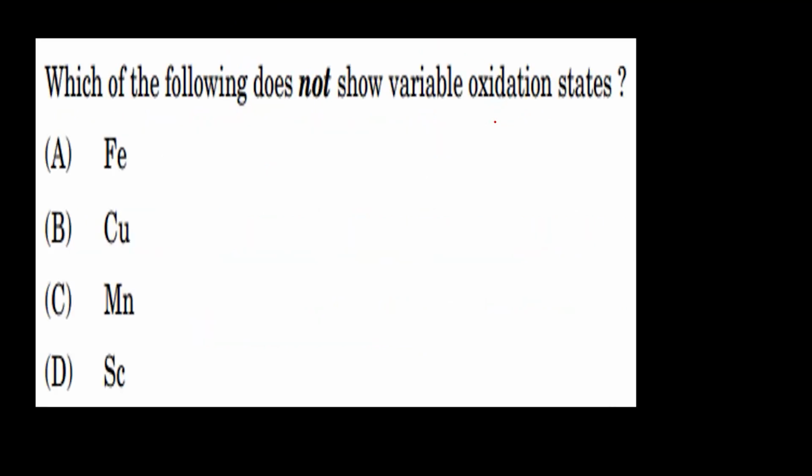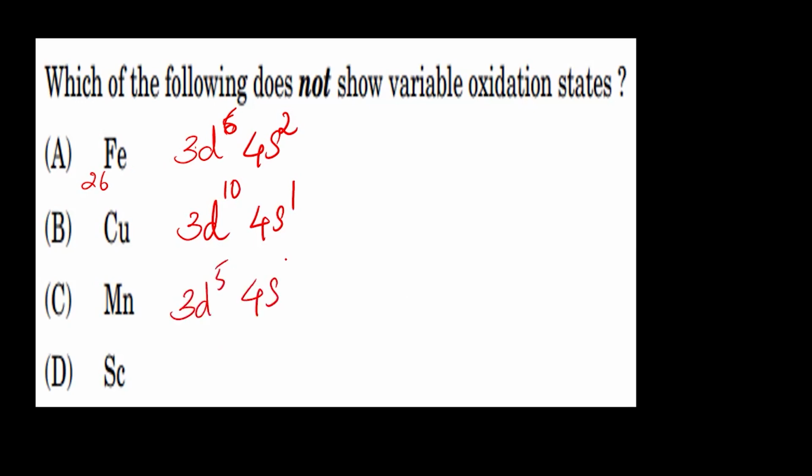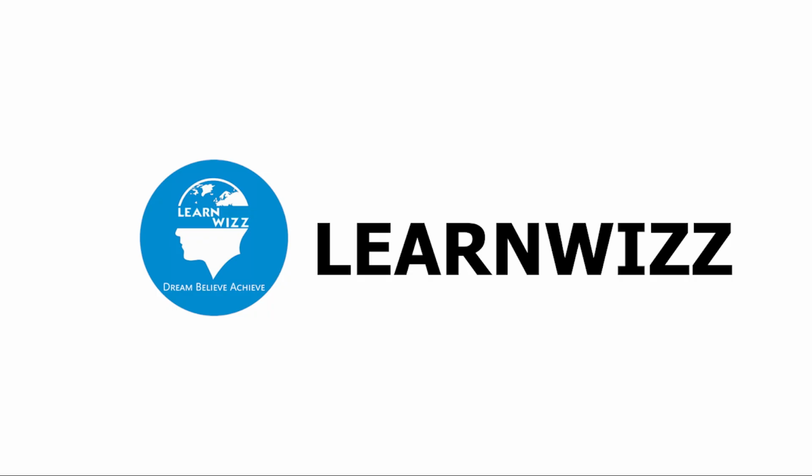Next: which of the following does not show variable oxidation state? In the case of iron, atomic number 26, the configuration is 3d6 4s2. Copper is 3d10 4s1, manganese is 3d5 4s2, and scandium is 3d1 4s2. Out of these, it is clear that scandium does not show variable oxidation state.